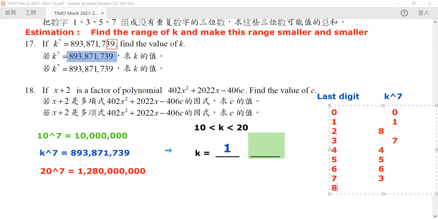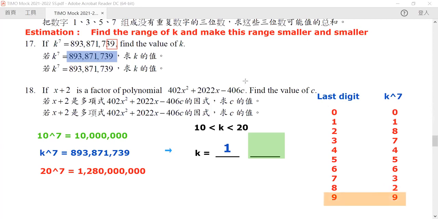Raising 8 to the power of 7 is equivalent to raising it to the power of 3, in which case 8 times 6 is 4, so the last digit is equal to 2. And how about 9? 9 will have a last digit of 9. So if you check all these numbers, you will find out that there's only one number that satisfies our requirement. It is 9.